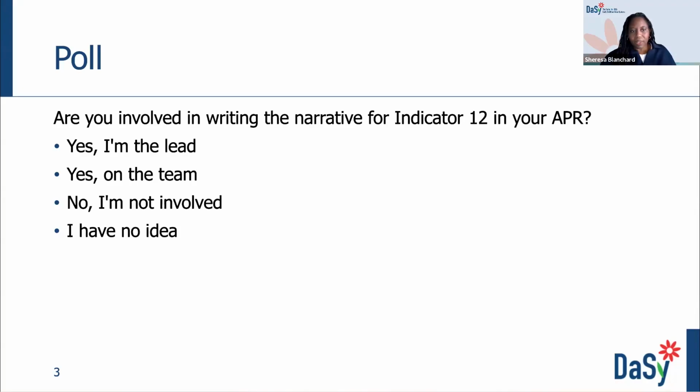So if you can choose one of those options and then hit submit. All right, so most look like they're leading, or at least on the team. And then there's a few that are not involved. And there was no one that answered, I have no idea. So we have either not involved or on the team or leading. So thank you for sharing that with us so we can get a better idea.